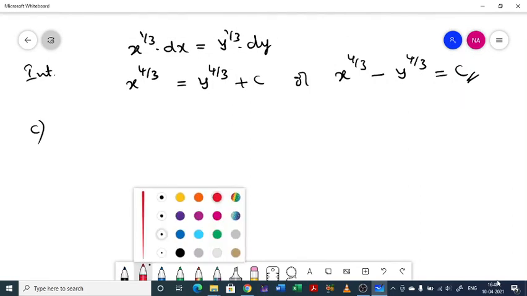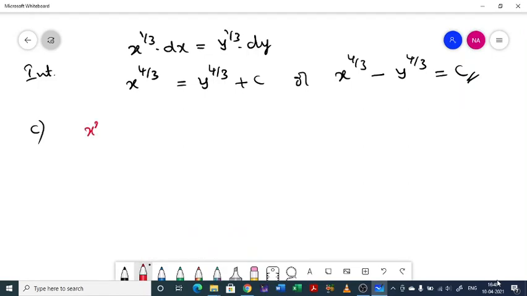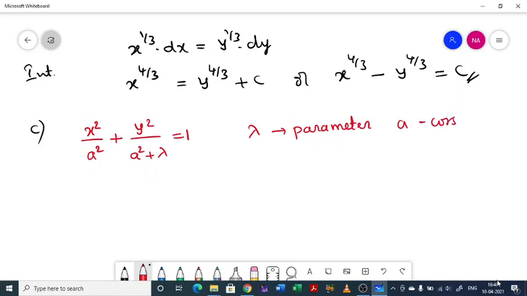So the given equation x square divided by a square plus y square divided by a square plus lambda equal to 1, where lambda is a parameter and a is a constant. Solution.